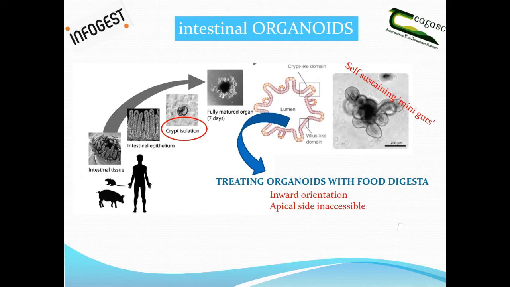So it's a very exciting part of research, but the one issue it has with food digesta is that these organoids face inwards, so they have an inward orientation, which means that the apical side is relatively inaccessible. So what people are doing now is trying to create these organoids, but having an outward orientation, so we can use them much more readily for food digestion experiments.